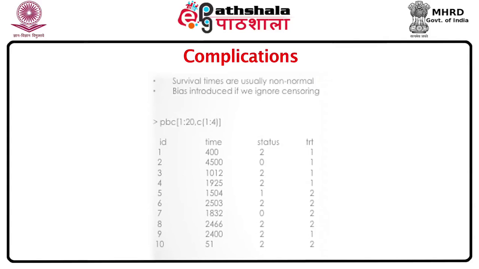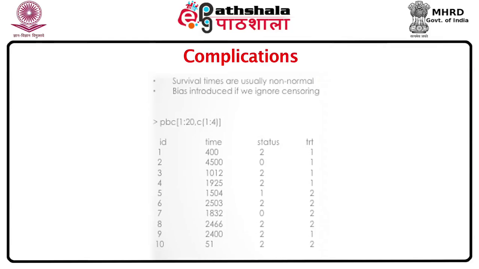Here is a well-known dataset in the survival library in R. It is called the PBC dataset. There are 4 columns. The first is the ID, the second is the time, the third is the status, and the fourth is the treatment. So treatment is either 1 or 2.